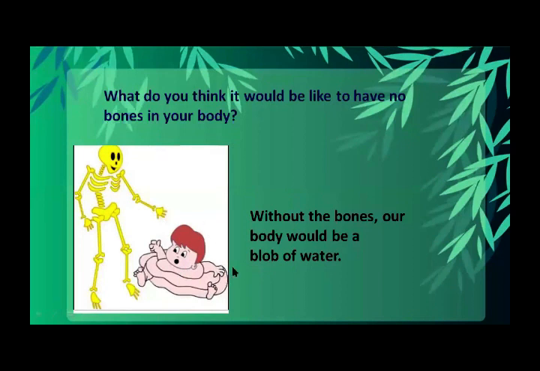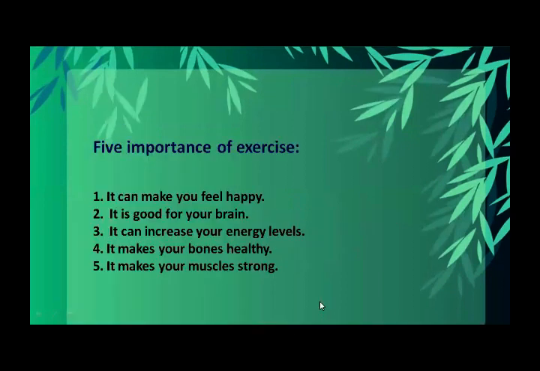Okay, so are you clear on this? And this is the question of your home task: write 5 importance of exercise, beta. Those students who have done this, very good. But those students who are facing difficulty to solve this question, beta, you can get the answer from here.